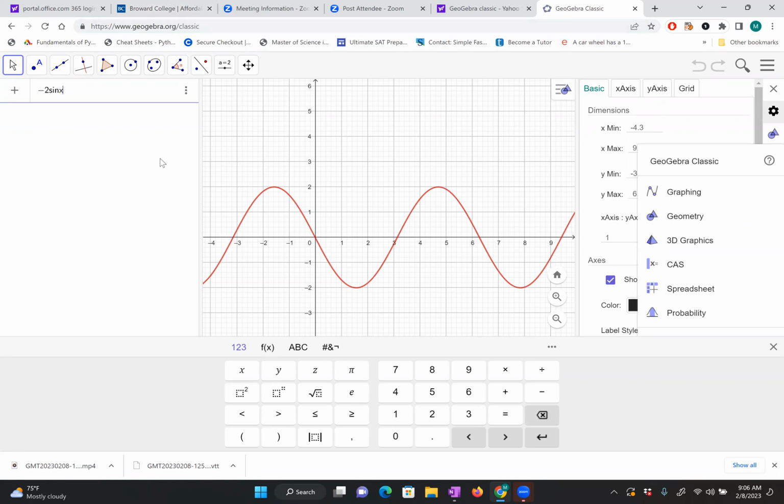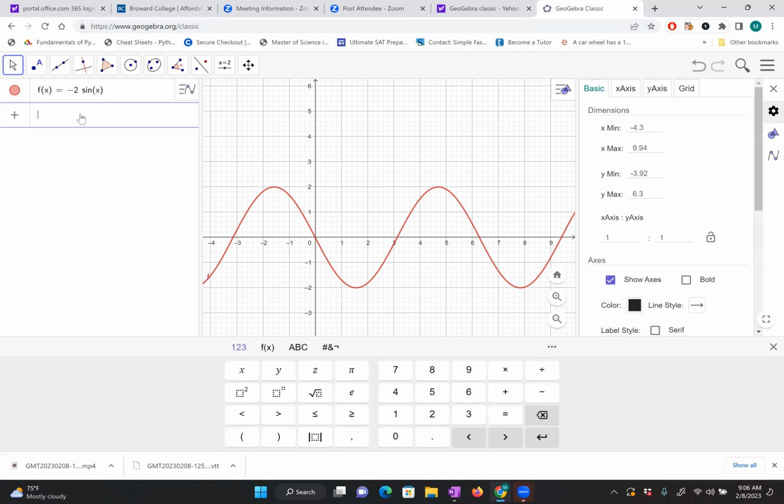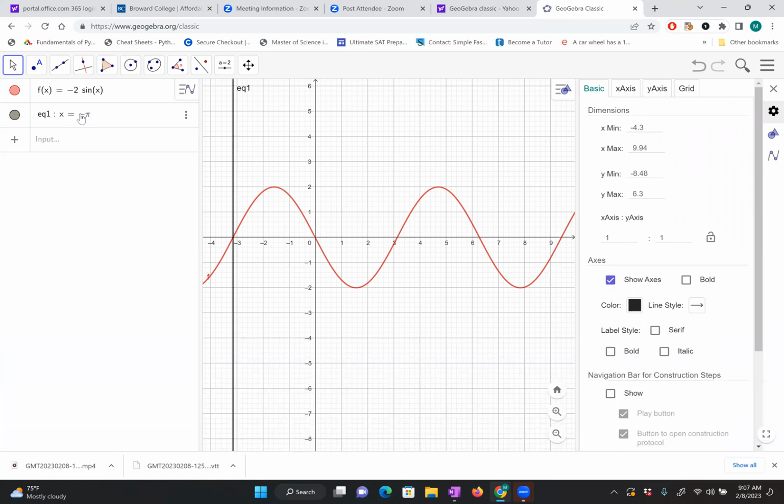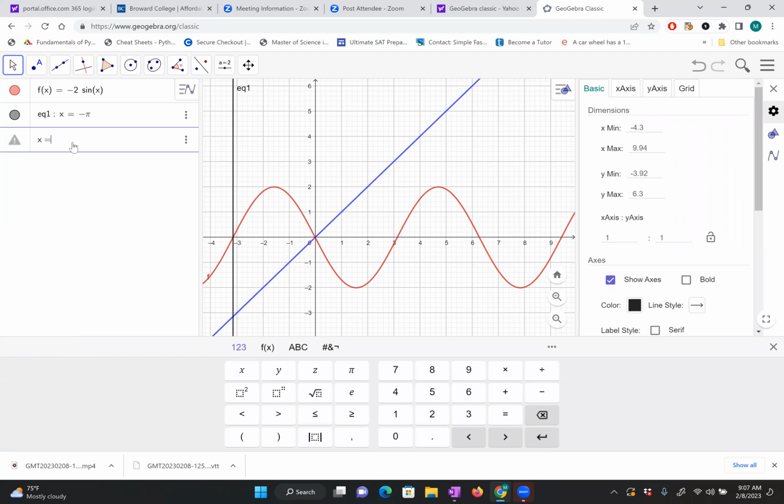And now notice that in this one, I'm asking you for values where, for example, I'm starting at x equals negative pi, all the way through x equals 3 pi. So I'm looking at this range from here to here.